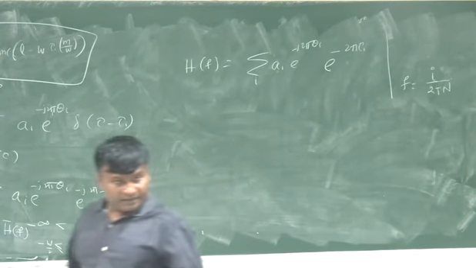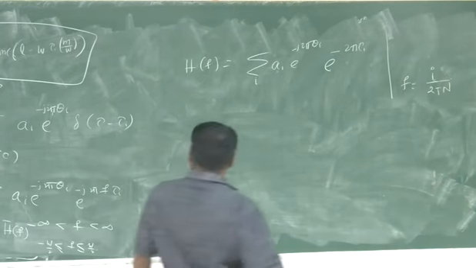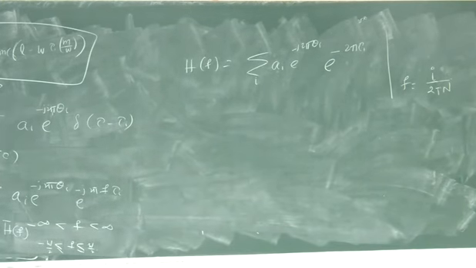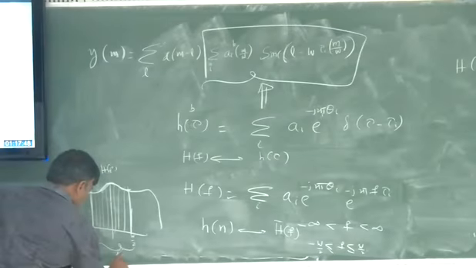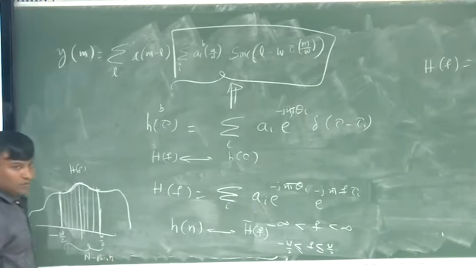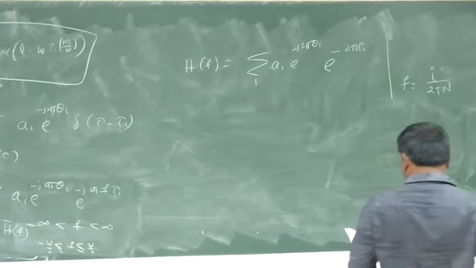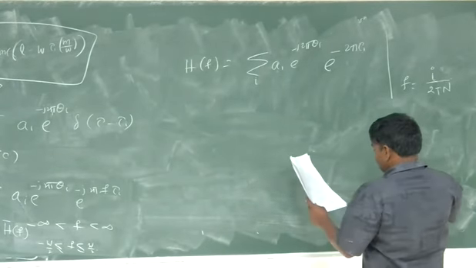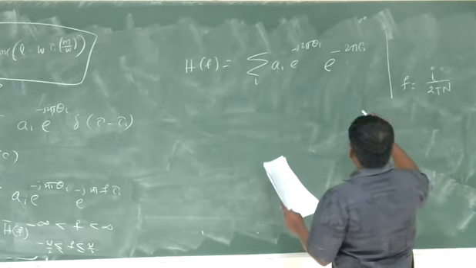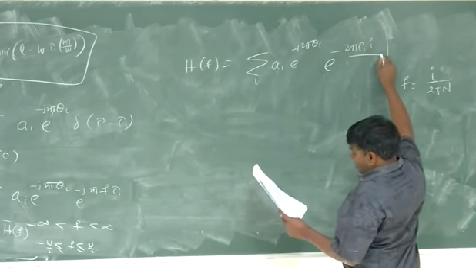Let's take N points of h of f. We divide this into N points, and this becomes e to the power j 2 pi tau_i times i by something.